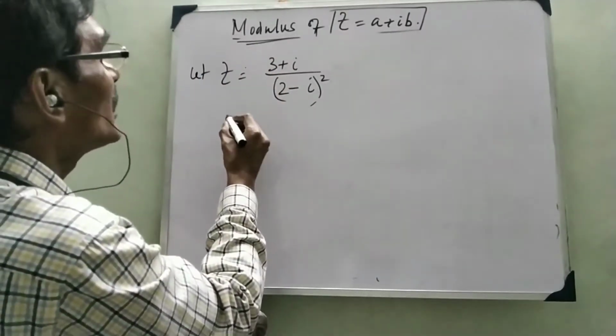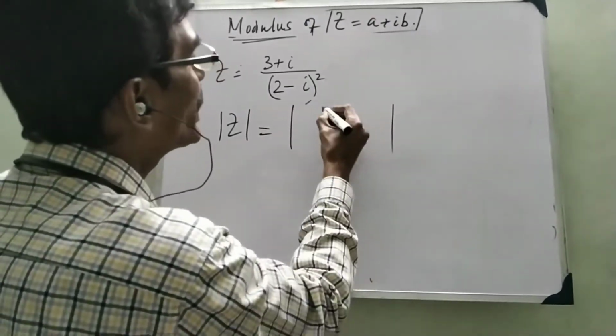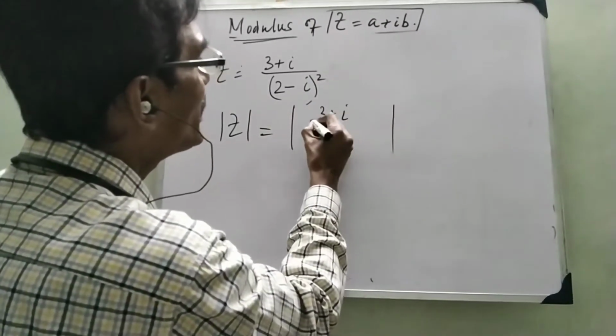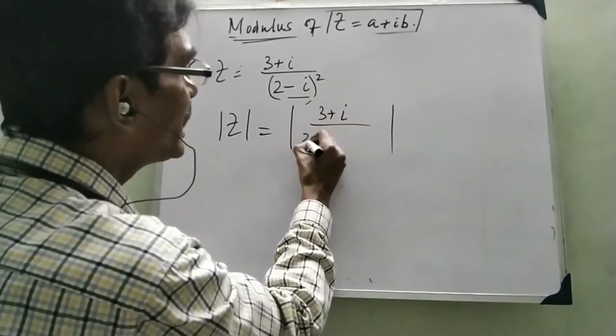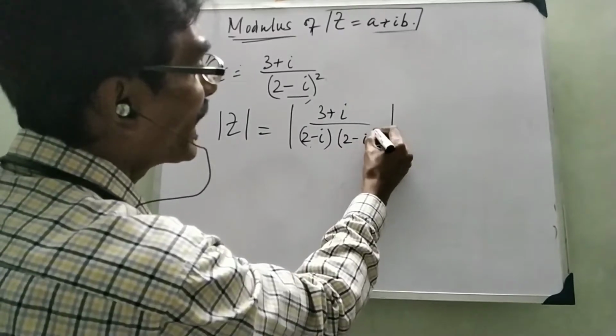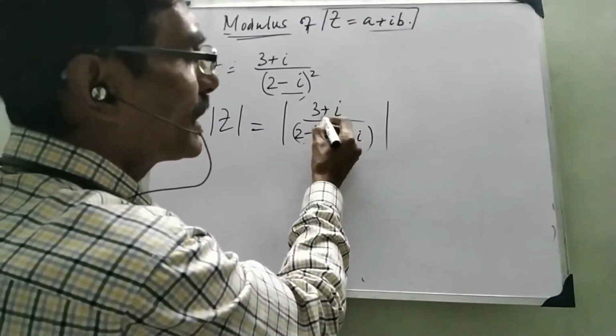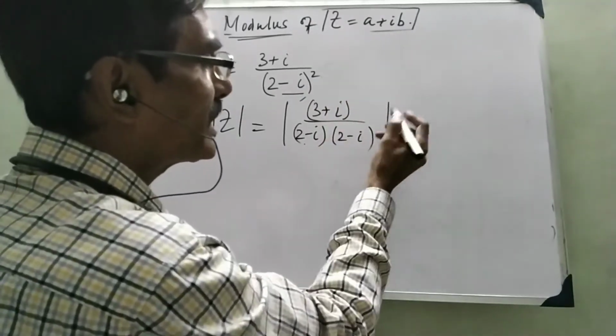The question is find mod z, modulus of z equal to whole modulus. The right side is 3 plus i, and this one as a product you can write 2 minus i, 2 minus i. Now you see there are three complex numbers, in the numerator 1, denominator 2.